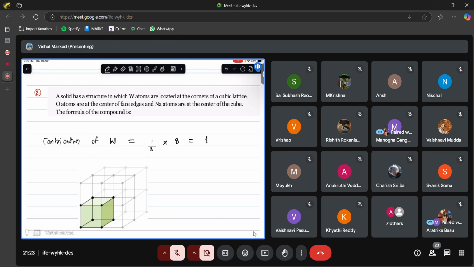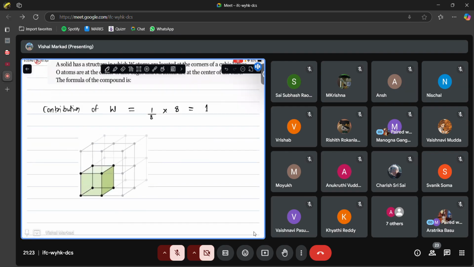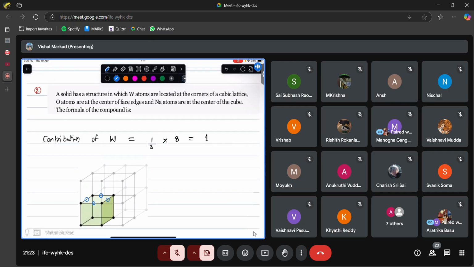Okay. And O atoms are at the center of the edges. Means the O atoms are present at the edges. This is the edge. Center of the edge, this line. Okay. And sodium atoms are at the center of the cube.